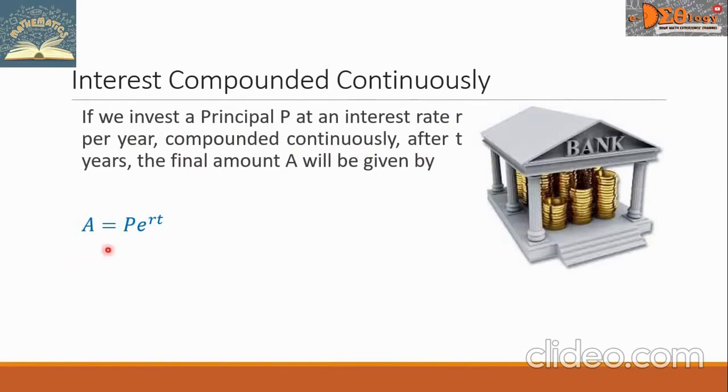Capital A equals capital P times the constant E, raised to a power which is a product of R times T. Take note that this E is a special constant that is equivalent to 2.71828 and so on. We can get this number directly from the calculator.